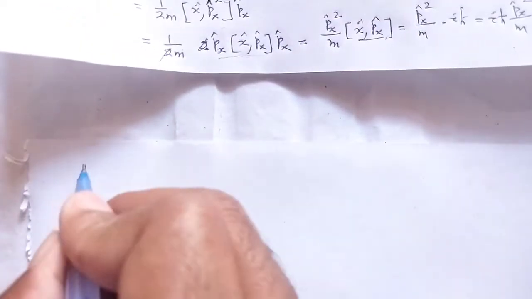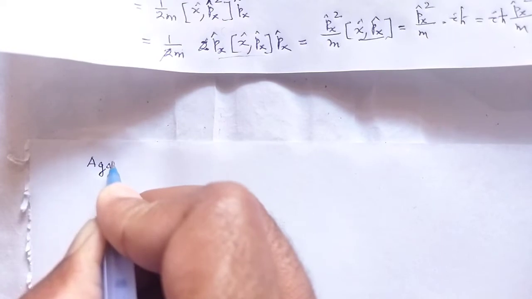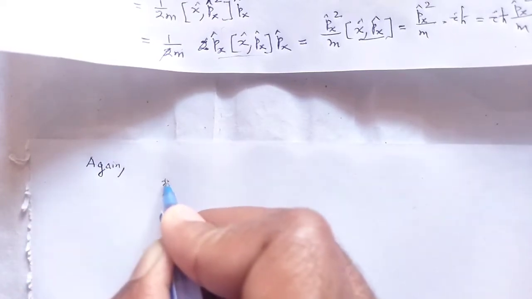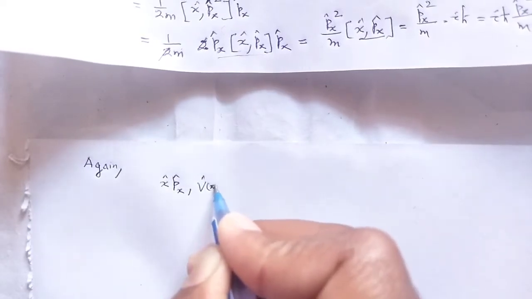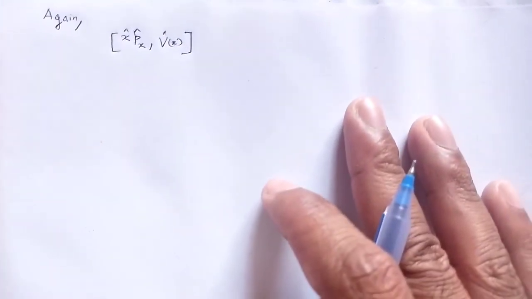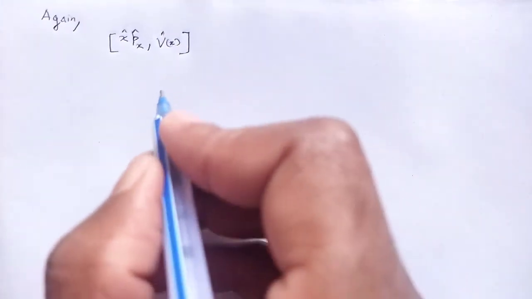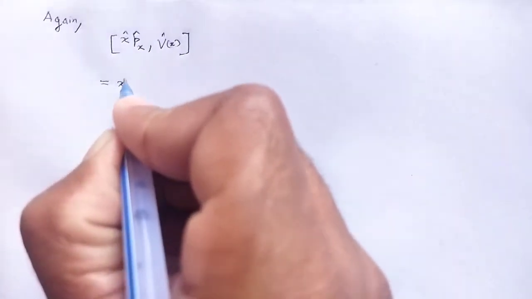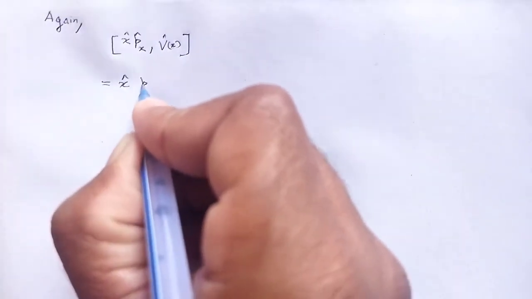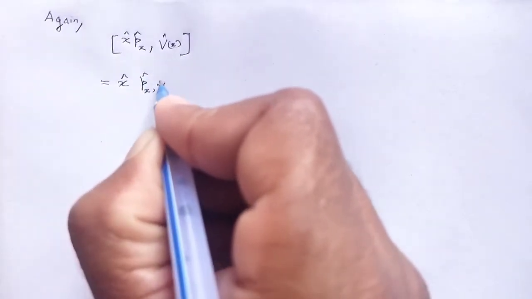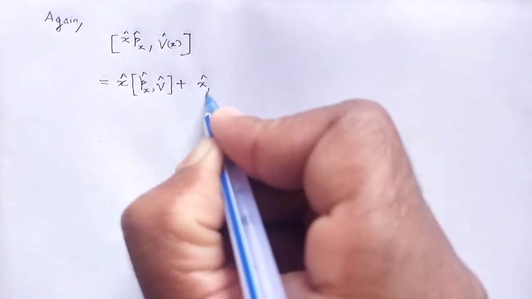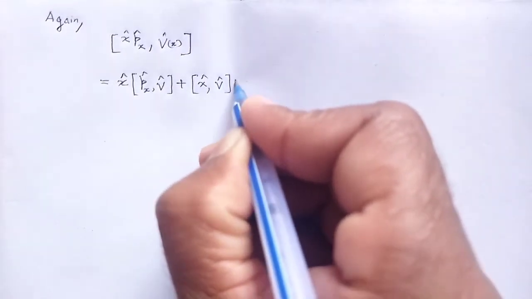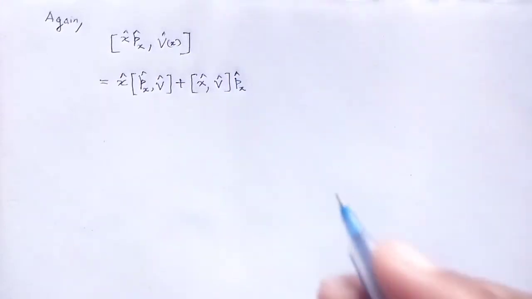Again, that is the commutation bracket of x cap px cap with V cap of x, which is equal to x cap px cap V cap plus x cap V cap px cap.